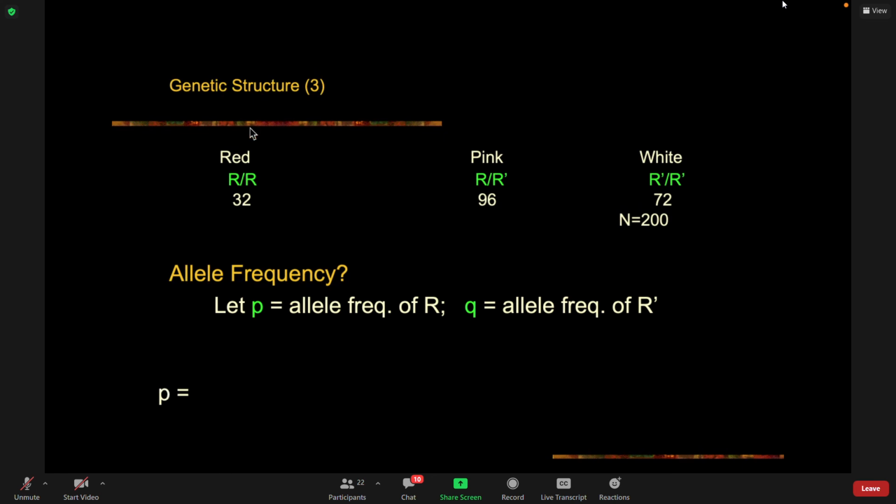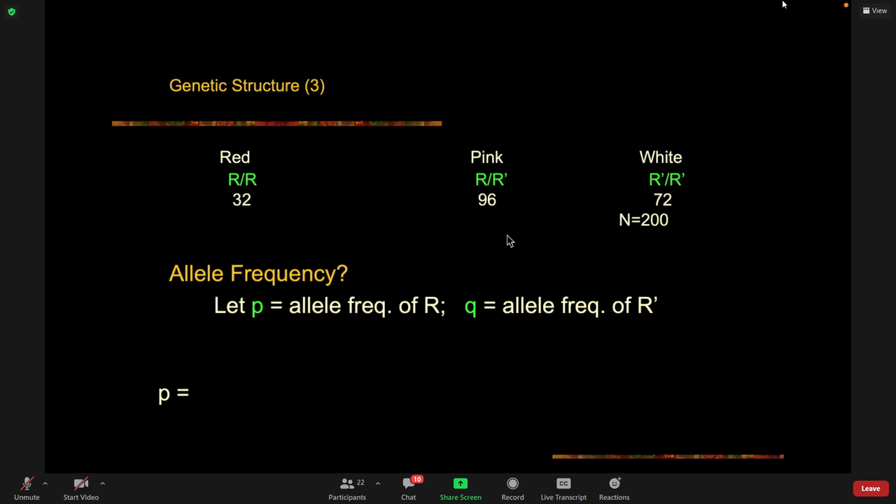So first of all, let's look at the red ones. How many big R alleles do we have in the group of red? We have 32 individuals, but how many big R's? 64, because each individual has two.